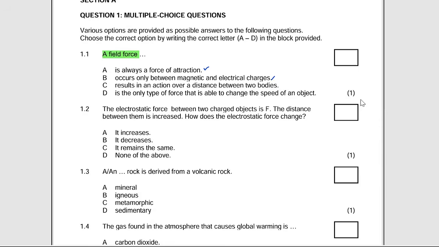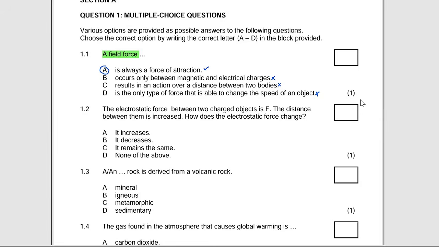This is incorrect. Then option C says results in an action over a distance between two bodies, which is also incorrect. And then option D says is the only type of force that is able to change the speed of an object. This is also incorrect. So our correct answer is going to be option A, which says a field force is always a force of attraction.